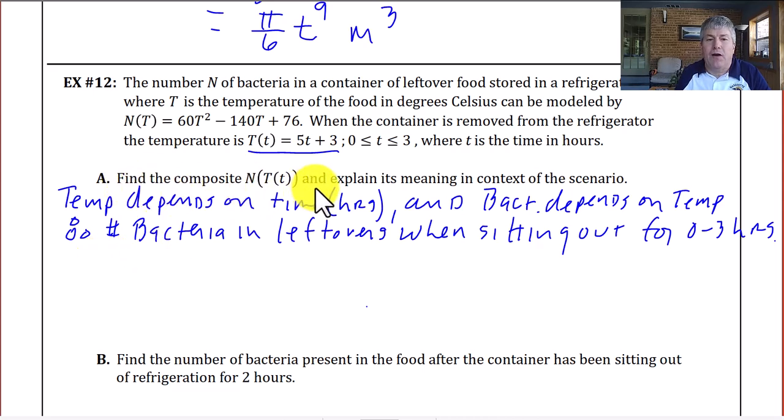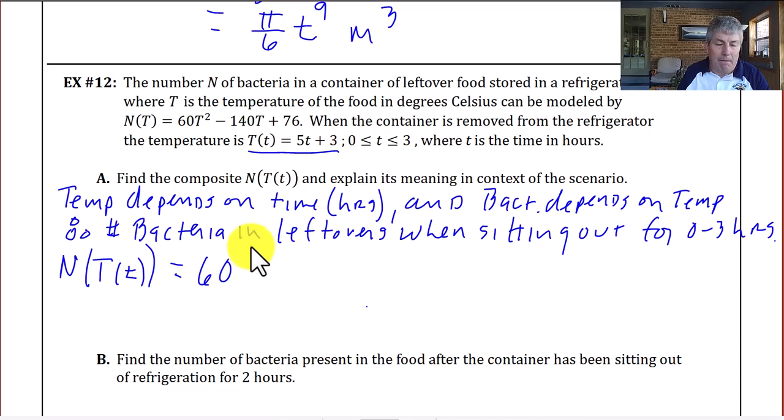And then it says find the composite function. So N of uppercase T of lowercase t is equal to 60 times 5t plus 3 squared.